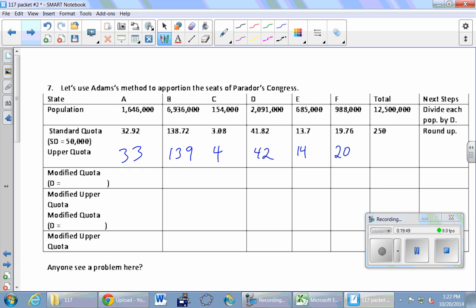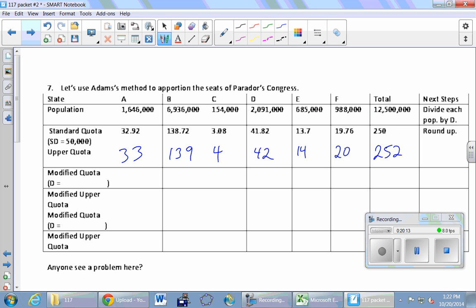And we add them up knowing full well the answer is going to be too big. Right? There's no doubt it's going to be too big. So what do we get when we add these up? 255, is that right? A couple folks got 252.